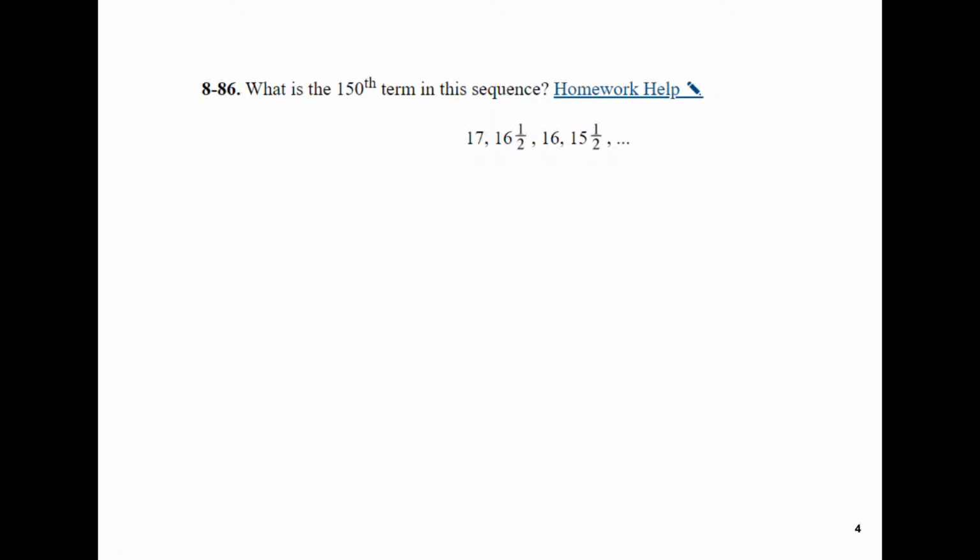8-86 says, what is the 150th term in the sequence? So thinking back to Algebra 1, when we refer to sequences, we have arithmetic sequences, which is adding or subtracting to get to the next term, and we have geometric sequences, which is multiplying to go from one term to the next.